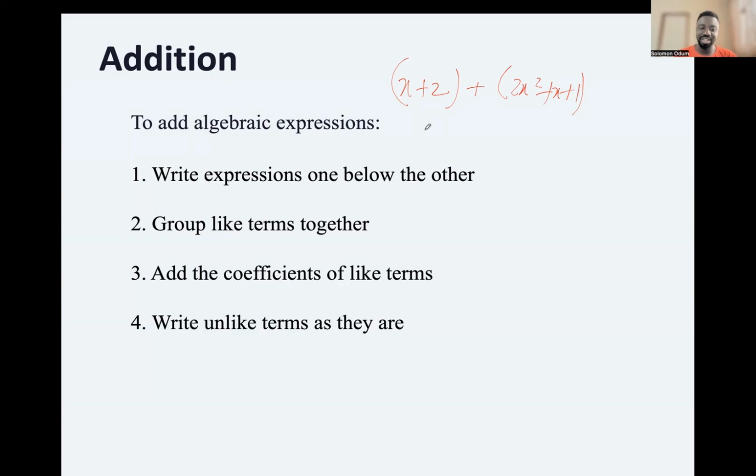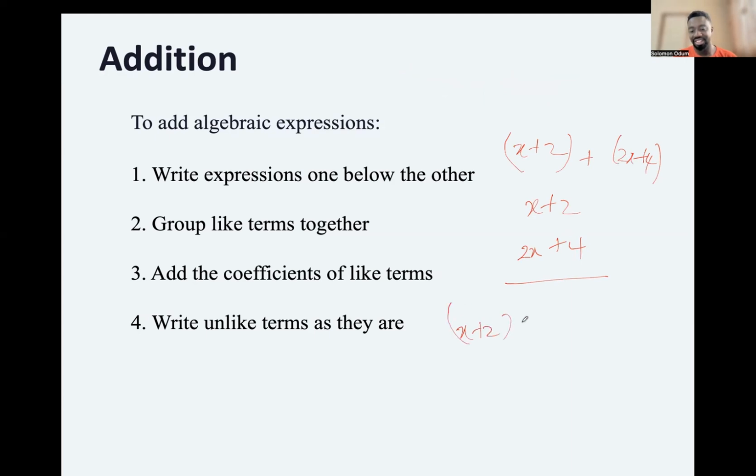Now, the first thing is to write the expressions. For example, x plus 2, and we are adding 2x plus 4. So we do x plus 2 plus 2x plus 4. You group like terms together. x and 2x are like terms, the same variable, and the numbers go together. So x plus 2x plus 2 plus 4.